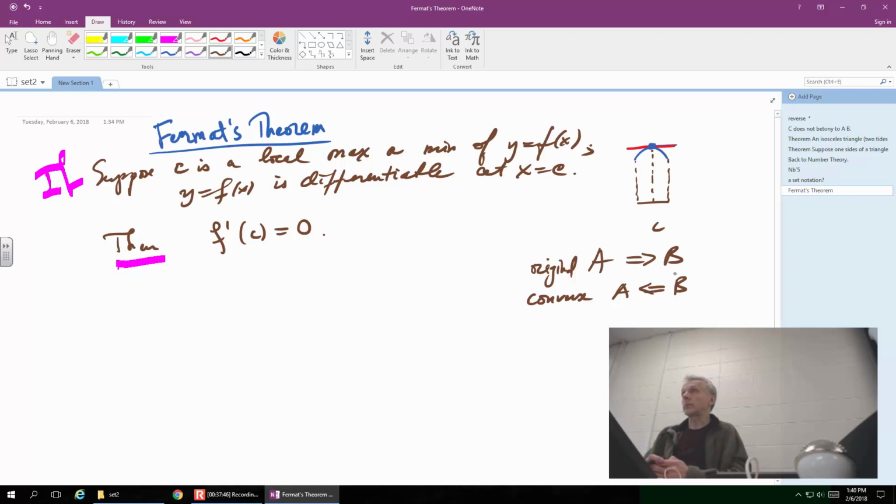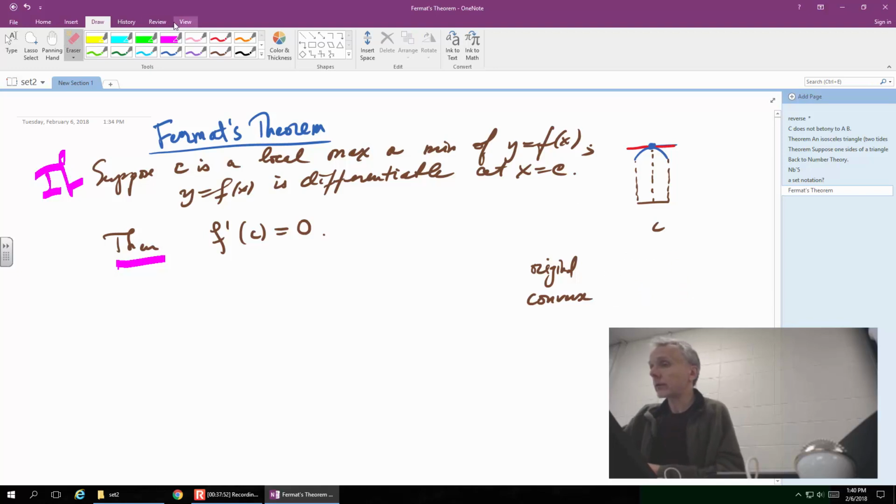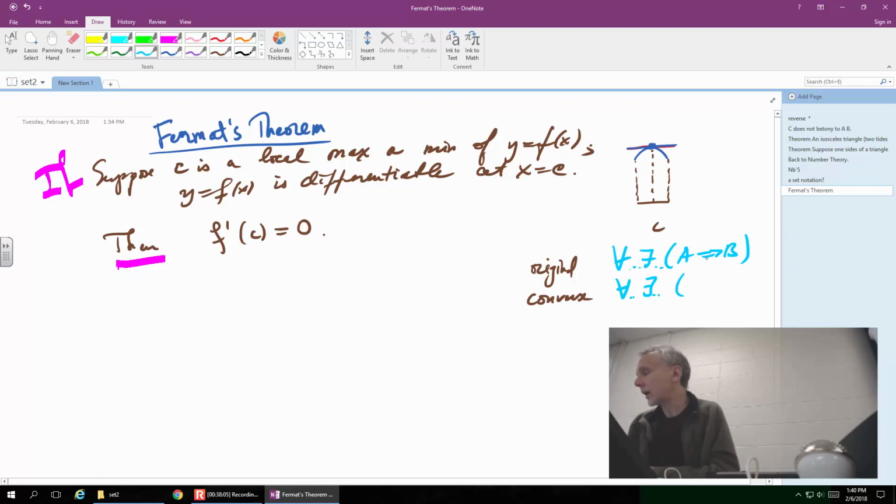You keep them. The quantifiers do not go away. So say for any something, A implies B. The converse will be still for any, there is, for any, there is. Whatever is happening might be a long string of statements, and then A is implied by B.